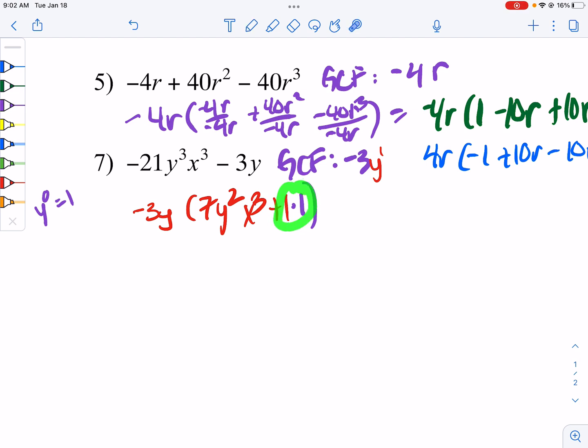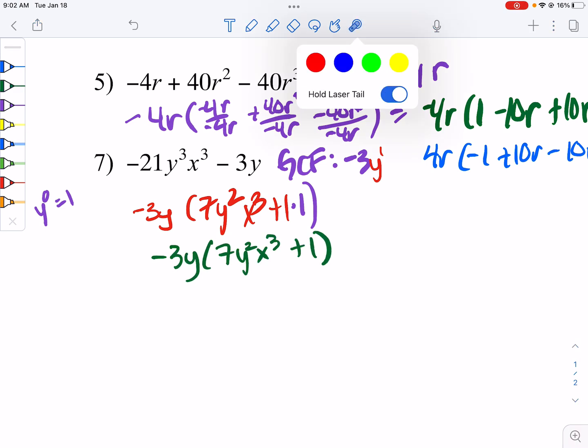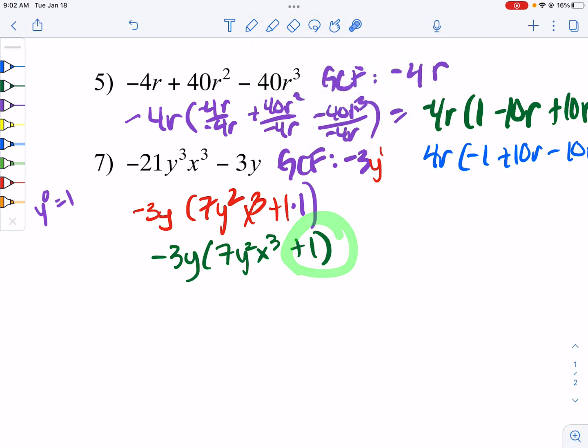So you can just do this part in your head if you can manage that, and just get that this is -3y times 7y squared x cubed plus 1. I do, however, have to have that 1 right here. I can't just write the 7y squared x cubed and not the 1. Notice if we were to distribute back through, this -3y times the 1 gets me this -3y.